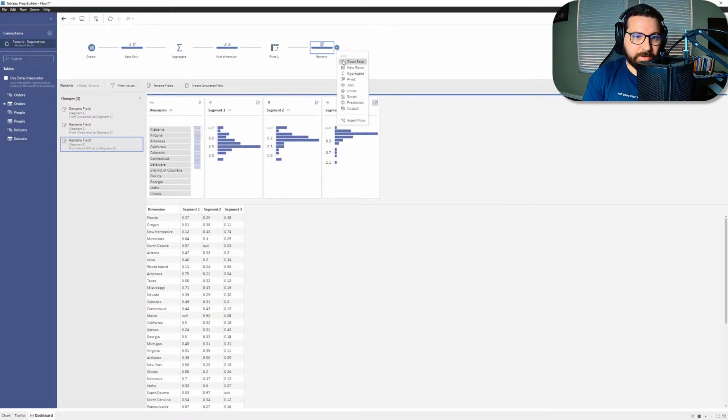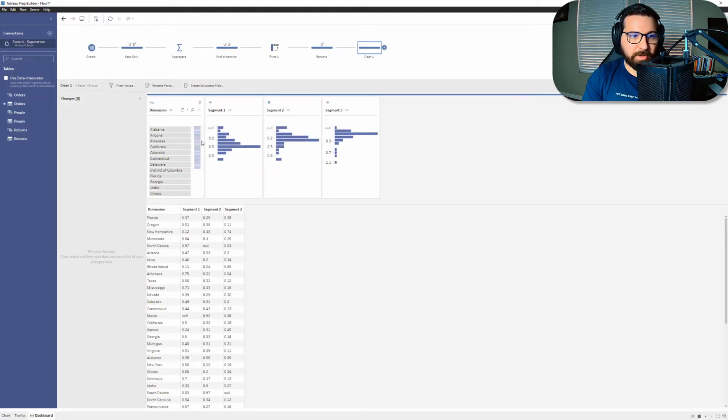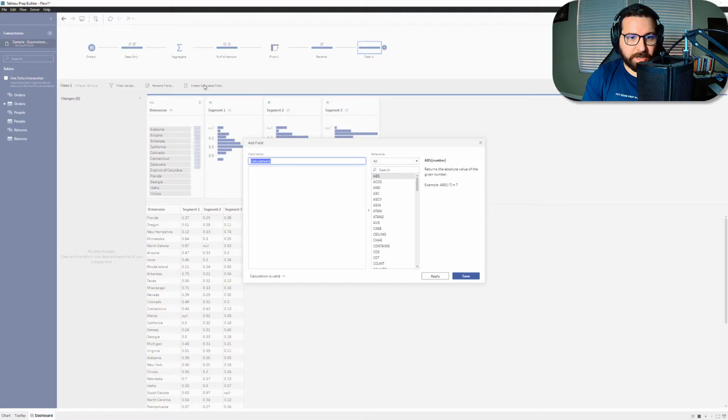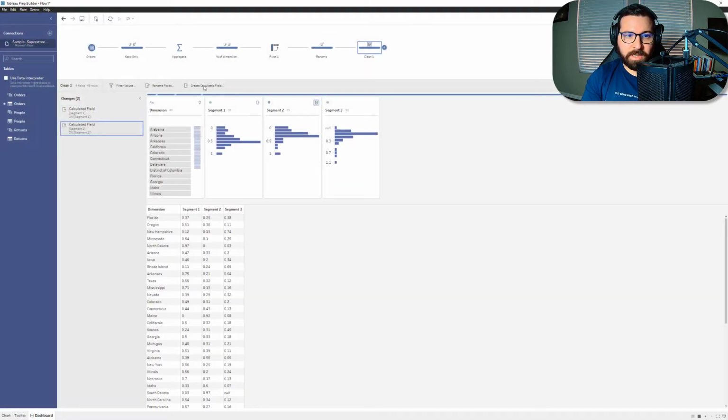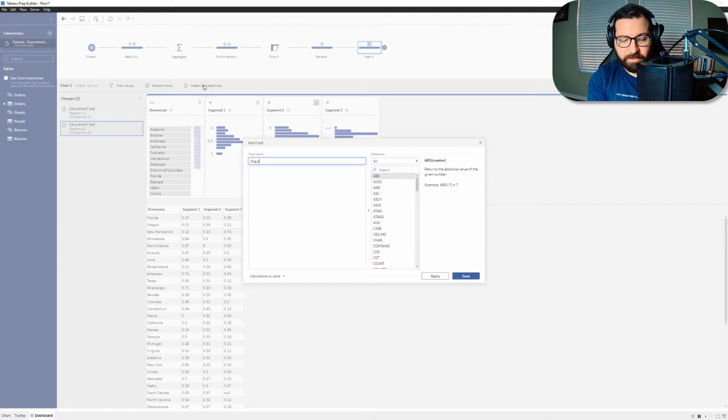All right. So now that I've got those renamed, I'm going to go in here and do a couple more things. So first I'm going to replace any null values with zeros. So I'm going to say segment 1 is going to become ZN segment 1. Segment 2 is going to become ZN segment 2. And segment 3 is going to become ZN segment 3.